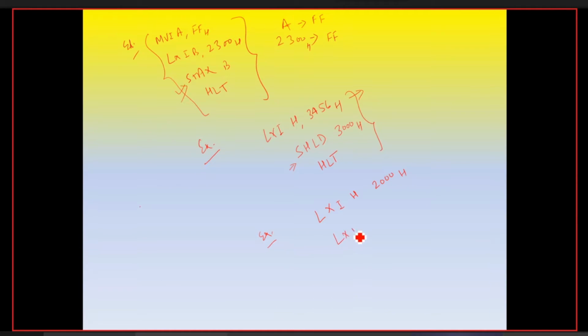Then we have LXI D, then we have this instruction, then halt. Now tell me the result. After execution of this instruction, what is the value of H and L? What are the values for register L and H?